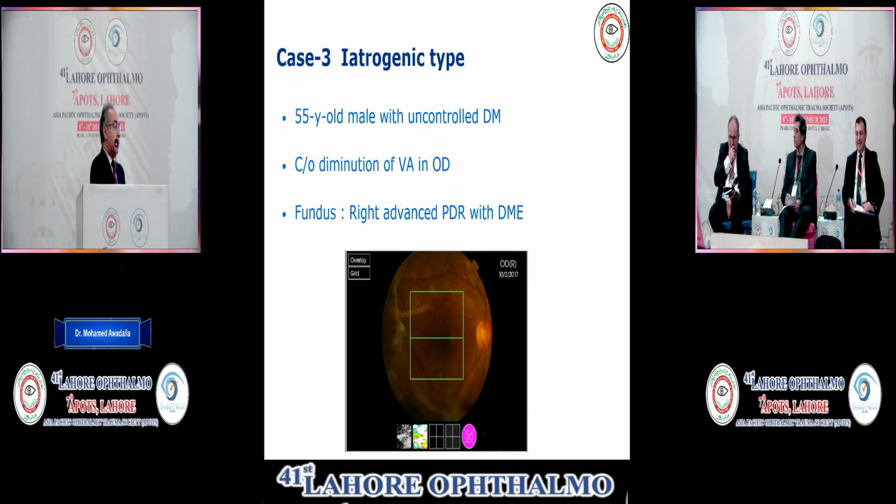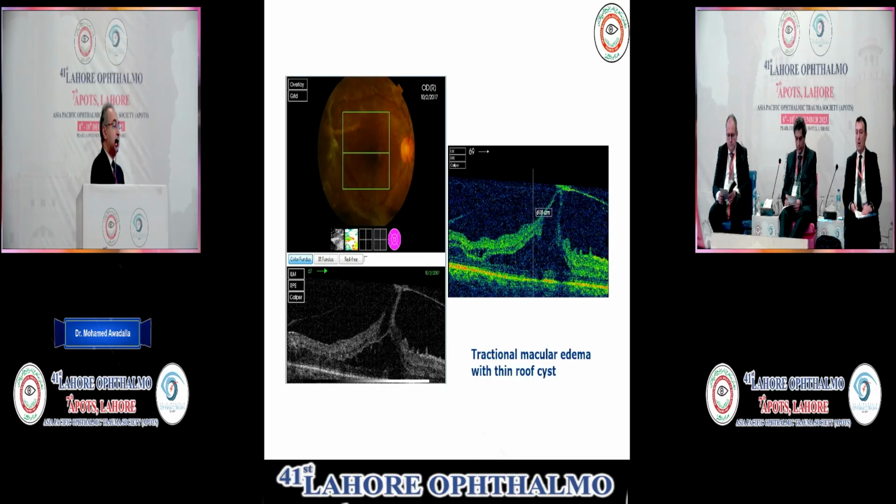The third type is the iatrogenic type, and this type tends to present early after surgery. This is a diabetic case with diminution of vision in the right eye and advanced PDR. This is the pre-operative scan, and as we can see here, it is tractional diabetic macular edema with a very thin roof of the macula.